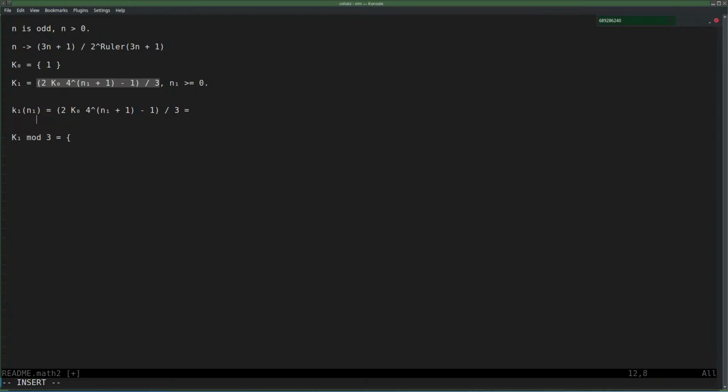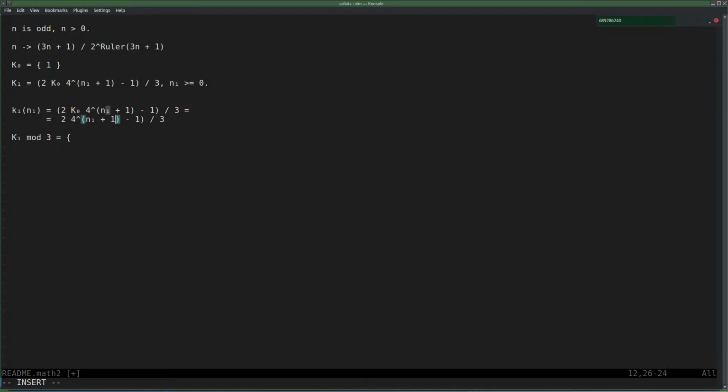Which we can write as 2 times 4 to the power n1 plus 1, minus 1, divided by 3.